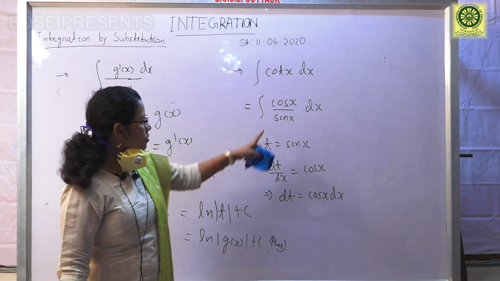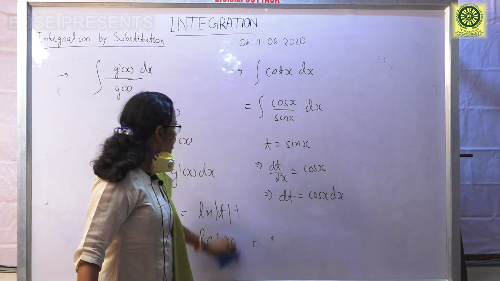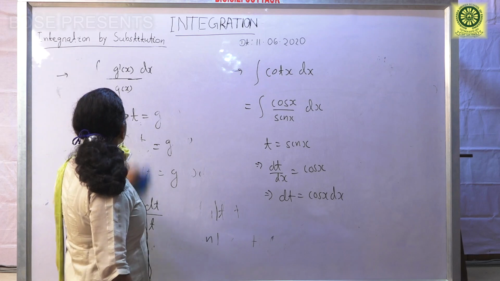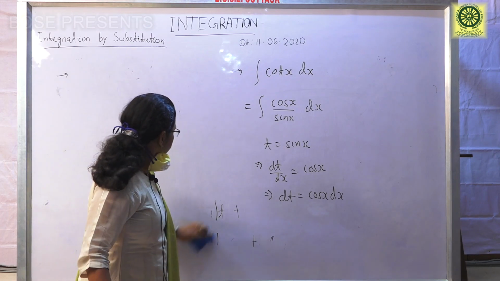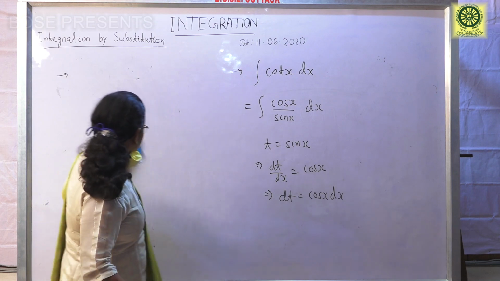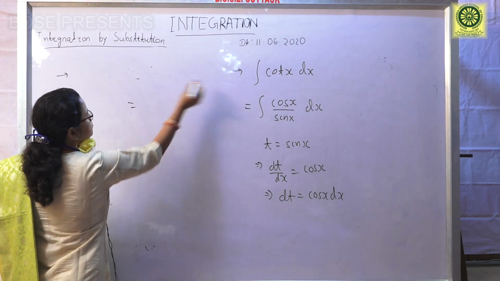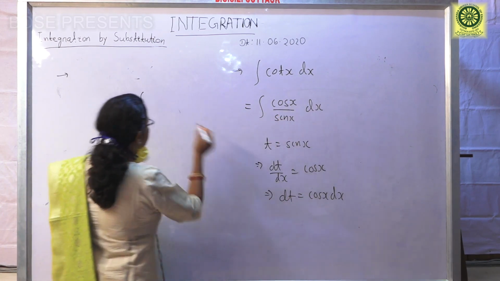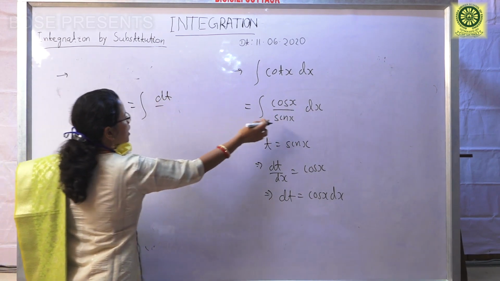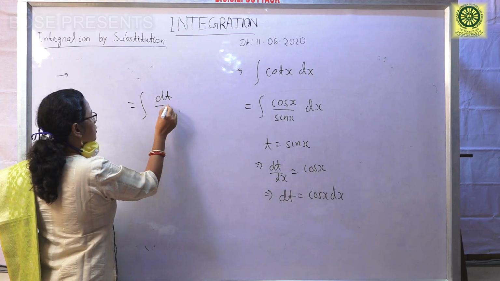Now using this substitution, our problem converts to this. In place of cos x dx, just write dt and sin x would be replaced by t.